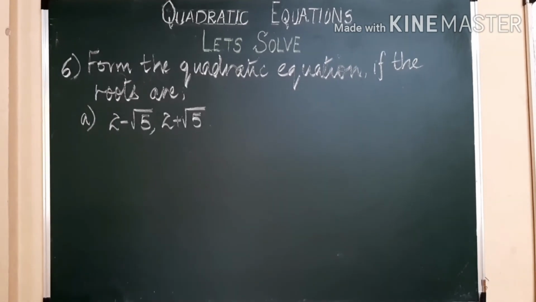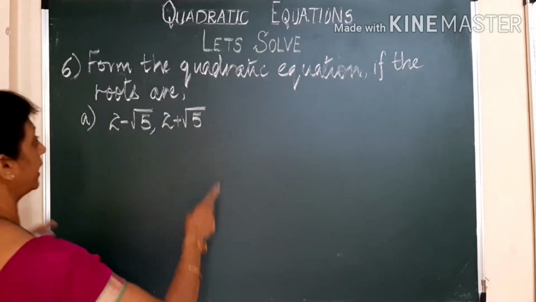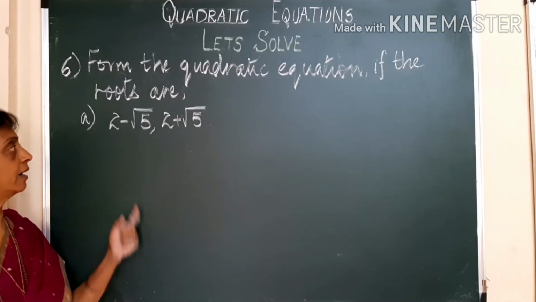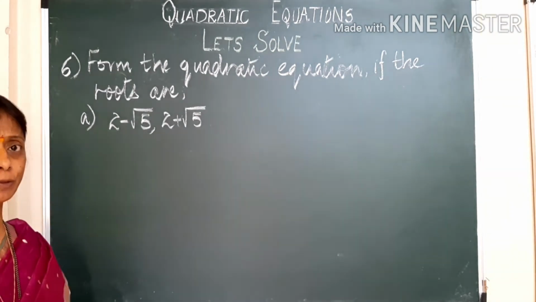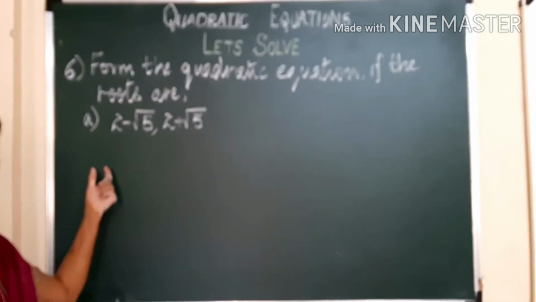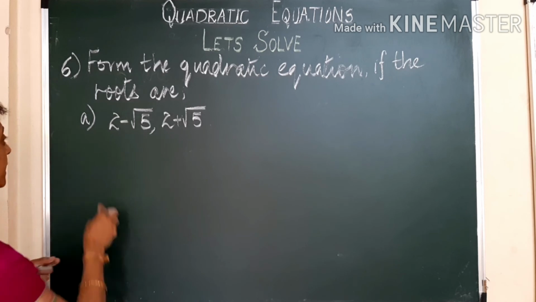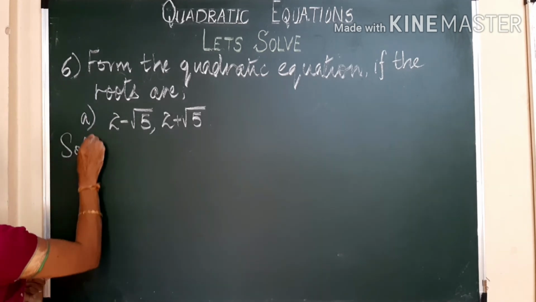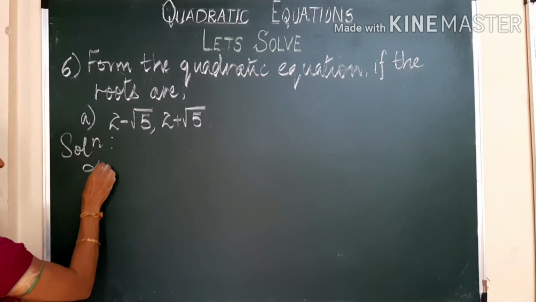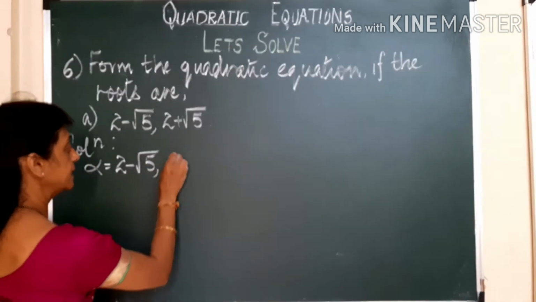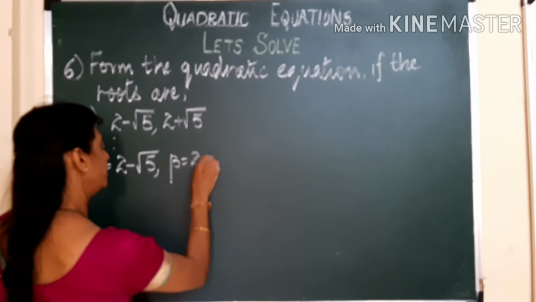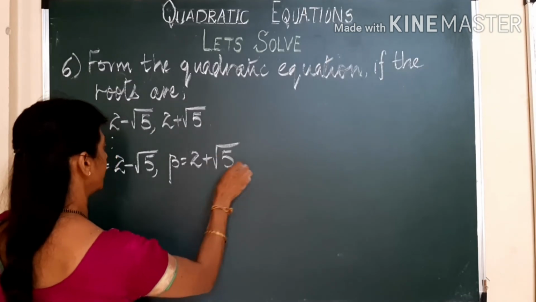Now with the next problem again, children, form the quadratic equation if the roots are 2 minus root 5, 2 plus root 5. Again, children, what is given? One of the roots can be termed as alpha, the other one as beta. So let's begin. Alpha will be 2 minus root 5, beta will be 2 plus root 5.